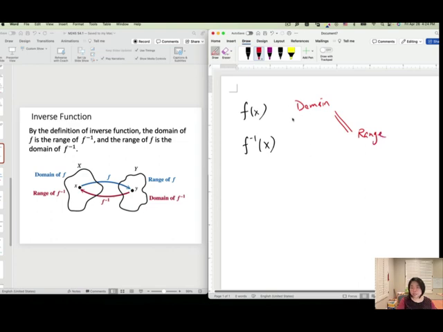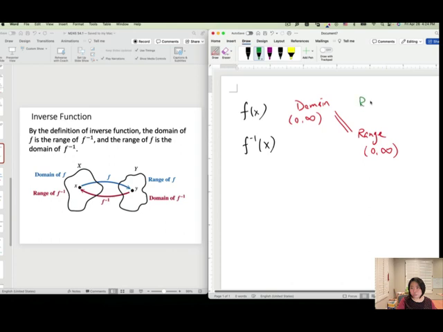For example, I'll just make up an example. My domain will be from 0 to positive infinity. That will be equivalent to the range of the inverse function.